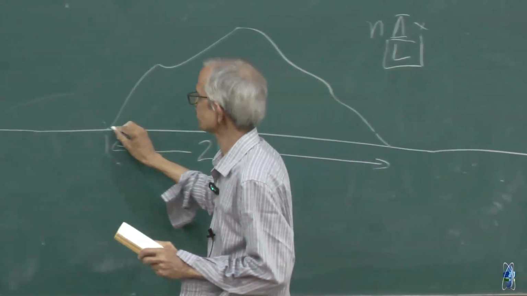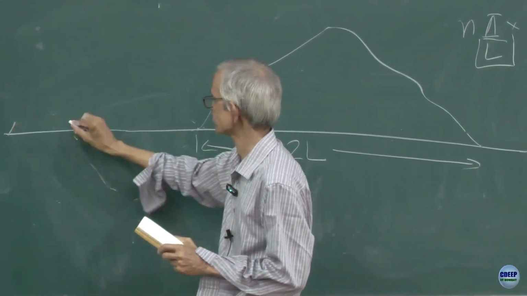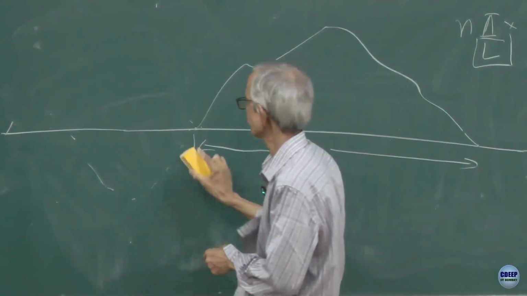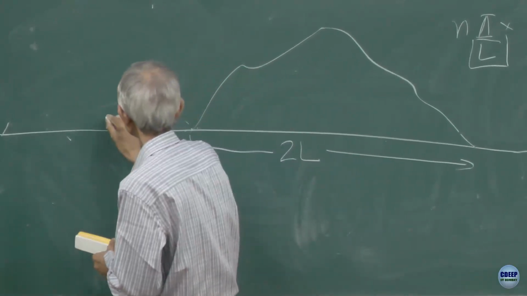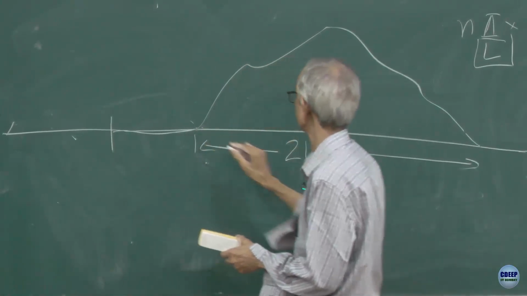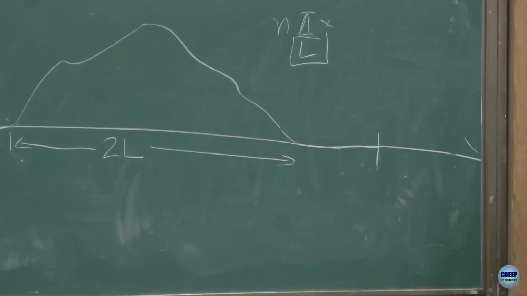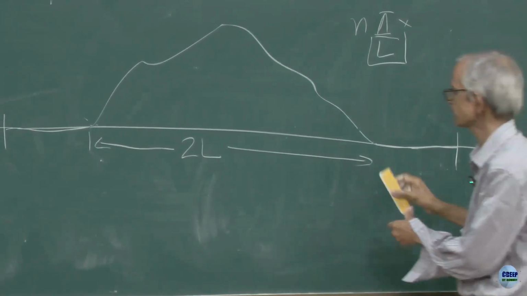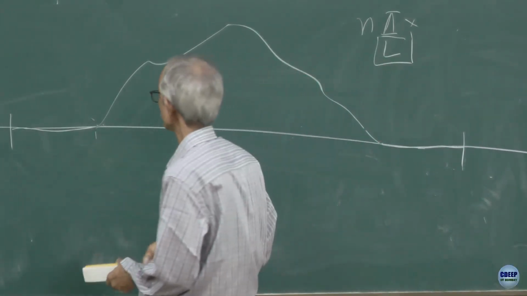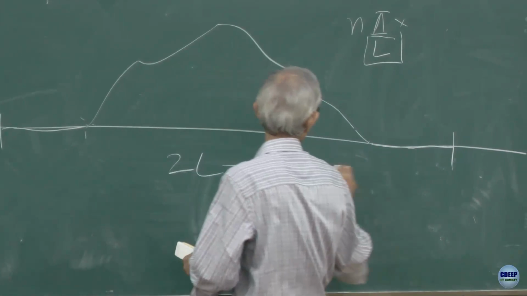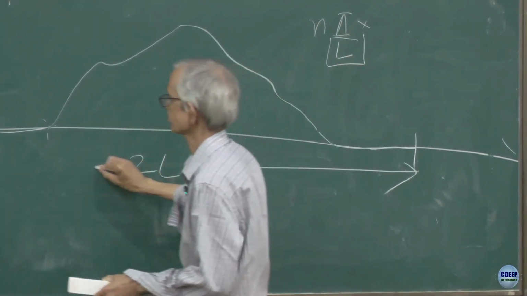I can just say that instead of making this a dummy, I will take an extended part of this. It is 0. Doesn't matter. This is my periodic signal. The periodic signal now goes to L here.